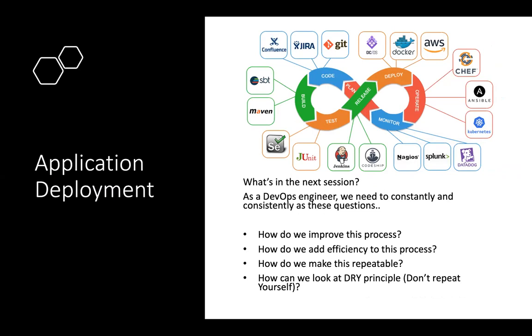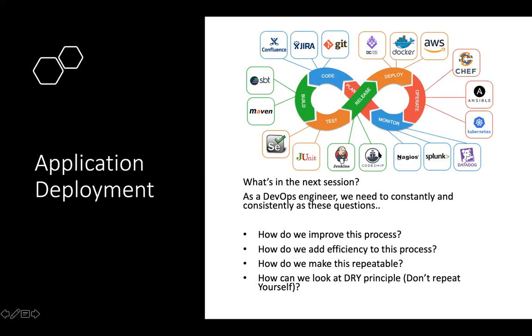When you do this for the first time, it could take you even longer, but every time you do this, yeah, you will reduce your time, but then there are chances of you making mistakes as well. So we need to figure out ways of improving this, automating this, and trying to avoid the DRY principle for DevOps, which is don't repeat yourself, right?